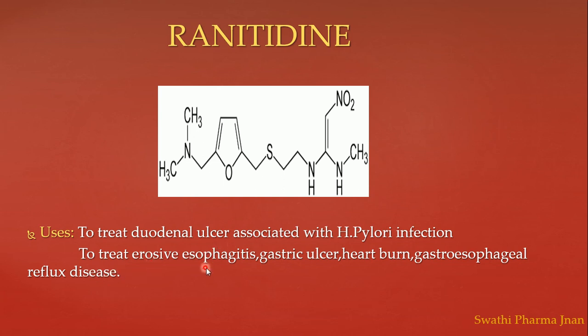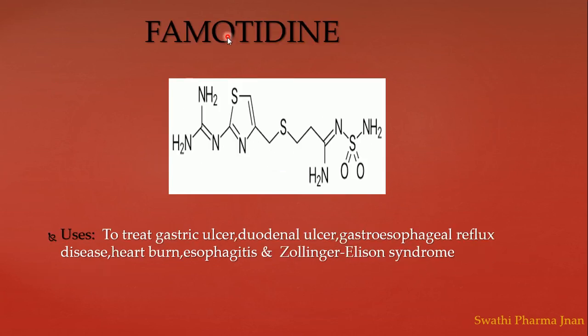Next, to treat erosive esophagitis, meaning inflammation of the esophagus that leads to erosion on the inner layer of the esophagus. To treat gastric ulcer, heartburn and gastroesophageal reflux disease, we can use ranitidine.